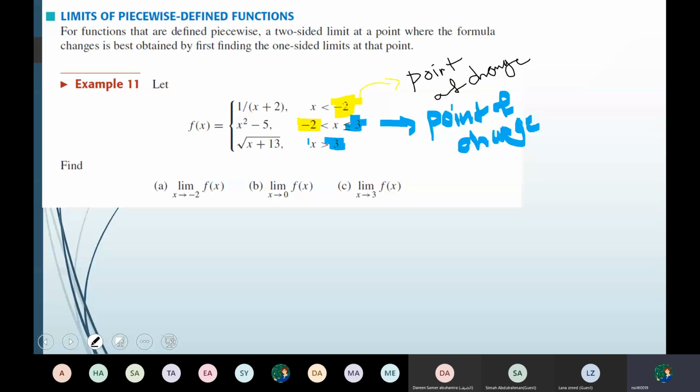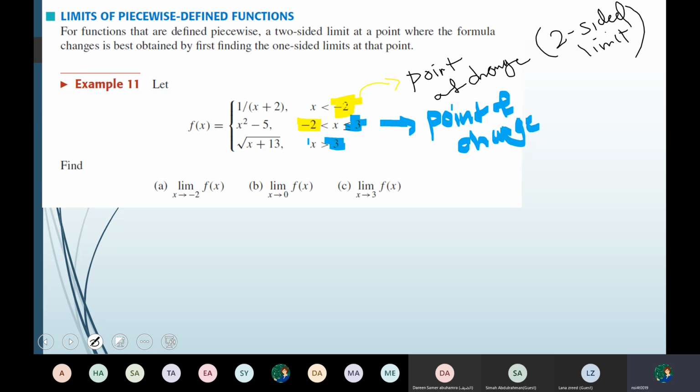Now, at a point of change, we have two-sided limits. I will tell you later on how. But for negative 2 and 3, they are points of change, and these points of change mean that we have a two-sided limit.